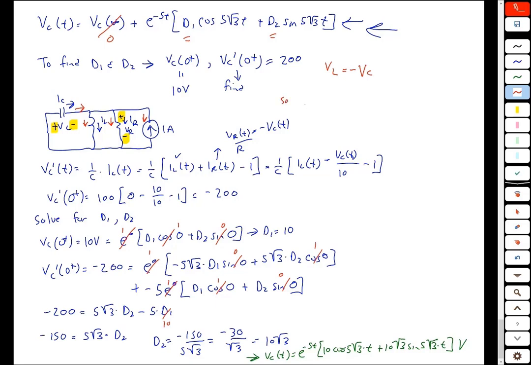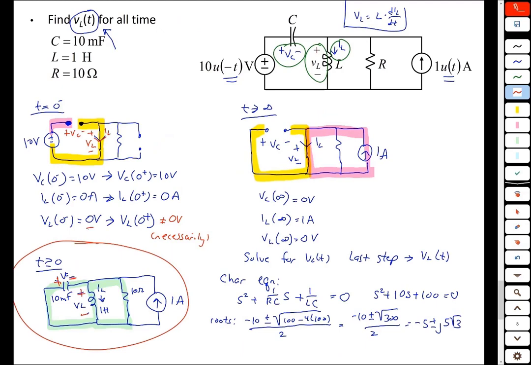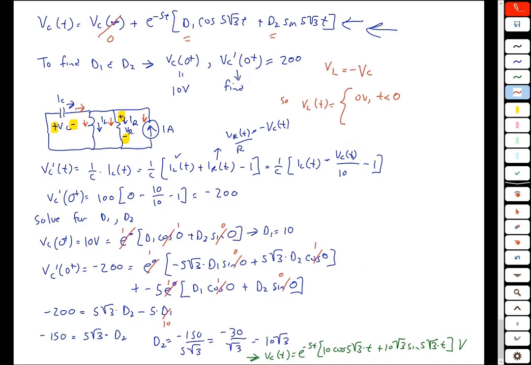Our final expression then is VL of t. For t less than 0, it's 0 volts. We solved that way back there. For t greater than 0, it's the opposite of VC of t.